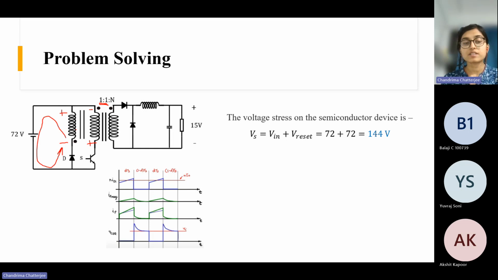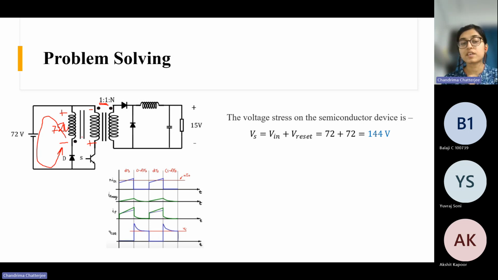The number of turns is the same. So whatever voltage comes in the winding, the same voltage will be induced in this winding also. So when this core resetting is happening, what is the voltage that comes across this winding? That is 72 volt, right? We are assuming the diode as ideal, so the entire voltage comes across this winding. So here also you will get 72 volt with this polarity, with plus here and minus here.